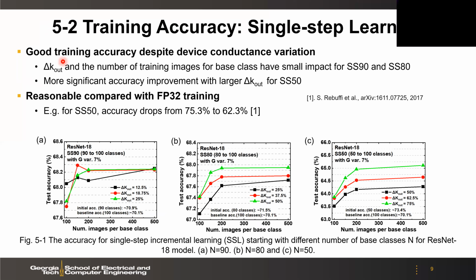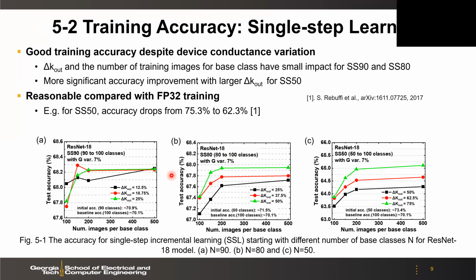For the single-step learning, a good training accuracy is achieved even with the device conductance variation. For single-step learning with 90 or 80 initial classes, the network expansion factor delta K-out and the number of training images for base classes have very small impact.